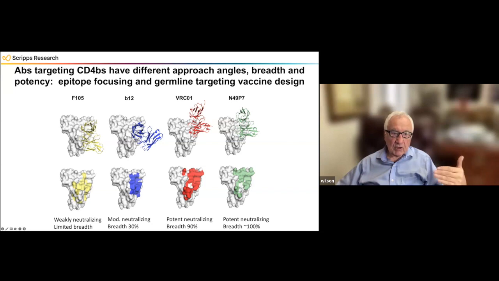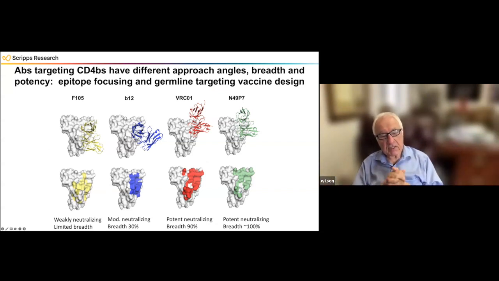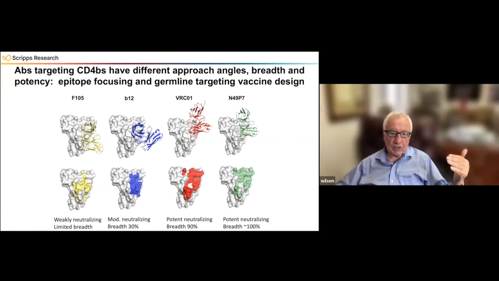Then we got on to ones which were modestly neutralizing, with a 30% breadth against a panel of different HIV viruses. Then we got up to VRC01, which was much more potent at higher breadth, and up to today, where we've got one which has almost 100% breadth. So this is defining a target that we'd like to have in a vaccine.